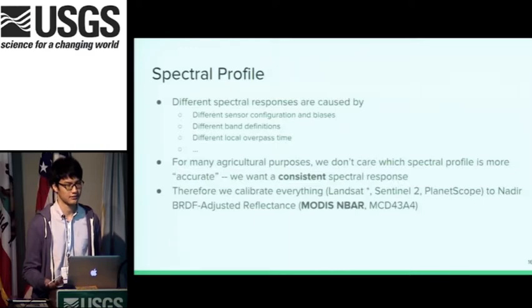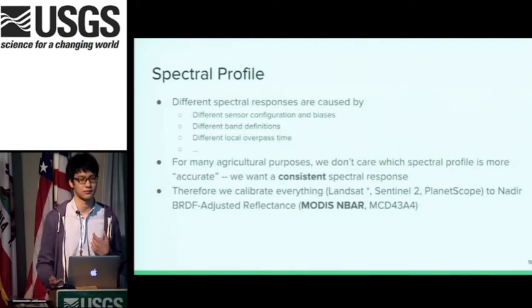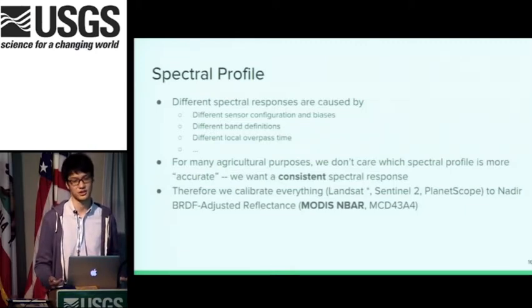So for our lab's purpose, we don't really care all that much which spectral profile is more accurate. I mean, we'd like there to be as much information as possible in the data, but we don't really care exactly at which wavelength the near-infrared band starts and ends. We don't care about that kind of information. We do, however, want a consistent spectral response.